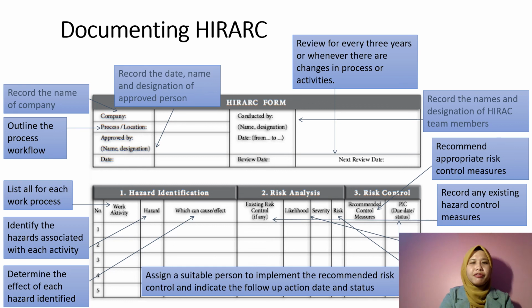Repeat the hierarchy for other activities and processes. Conduct another round of hierarchy after control measures have been implemented. And the last one, review the hierarchy every 3 years or whenever there are changes in process or activities.